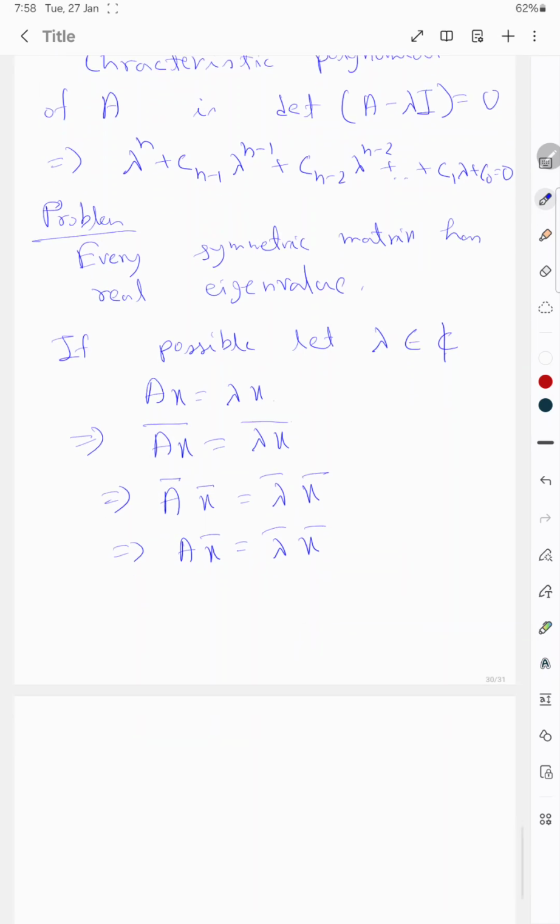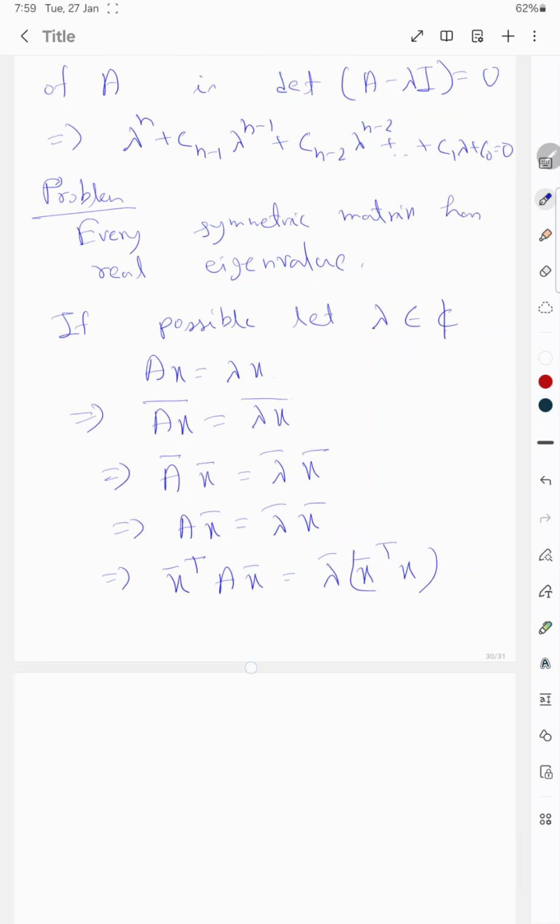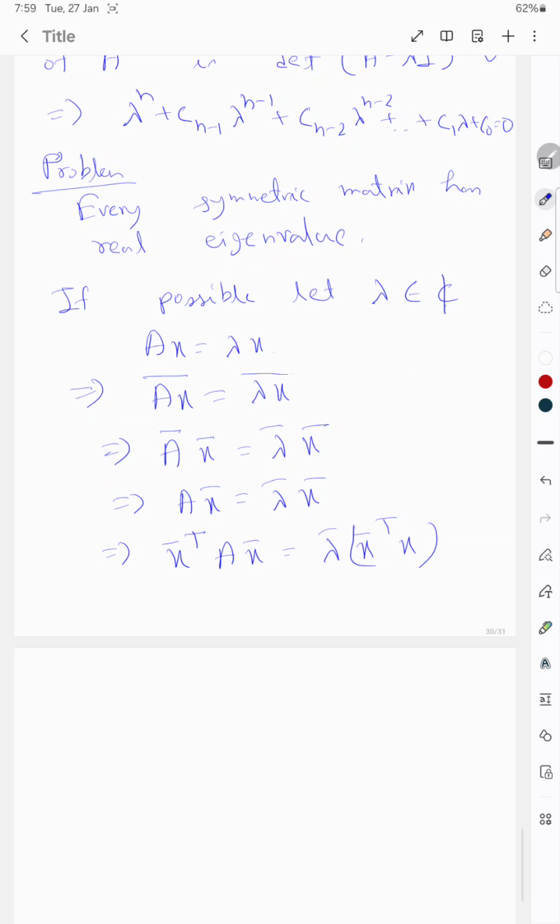Now suppose you multiply with x conjugate transpose on both sides. You see, this is some real number, so you can change the position. So this type of thing you are getting, right? Now I can write this as x bar transpose into A transpose.